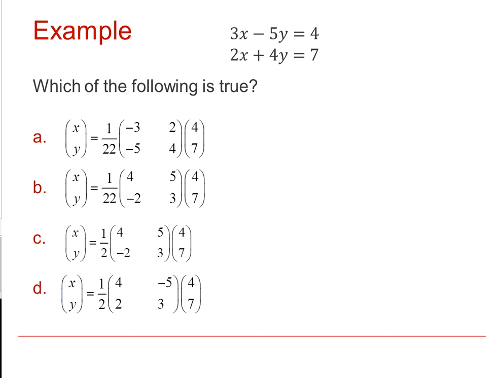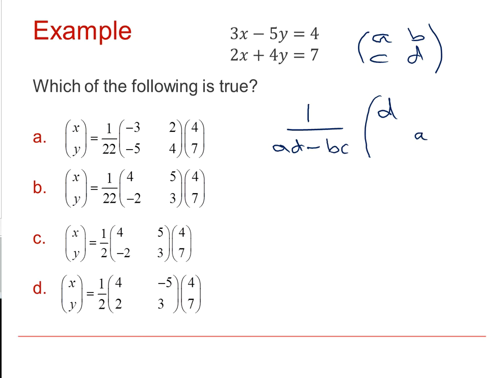To do this example, let us just remind ourselves about how we work out the inverse matrix. We need to work out that determinant, AD minus BC. We swap around the A and the D, and we change the sign of the other two elements.